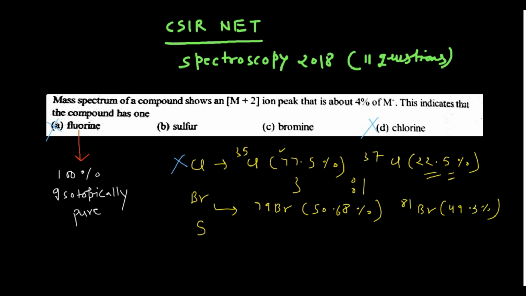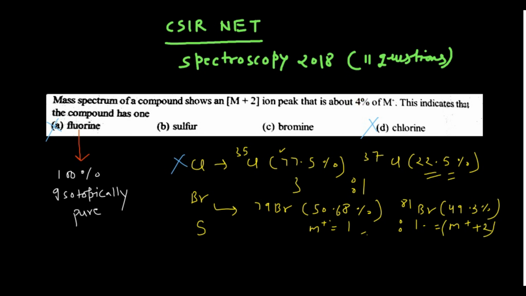So they are roughly in a 1:1 ratio. What is the meaning of that? If your molecular ion peak has an intensity of 1, then the M+2 peak would also have an intensity of 1. But in the question it is given that the M+2 peak should have an intensity of 4%, whereas this indicates an intensity of 100%.